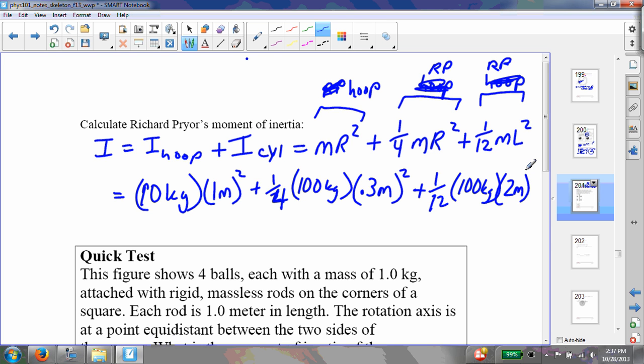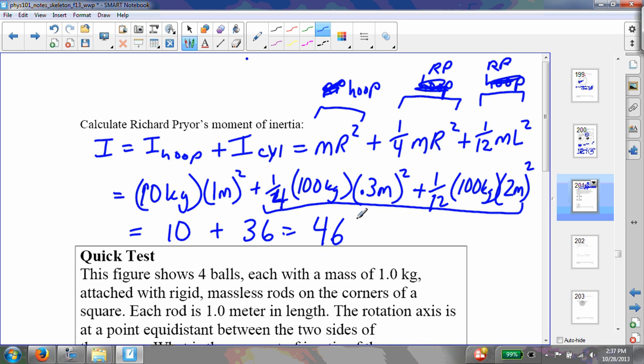That's his height, roughly. And if I plug all this in, I get 10 plus the moment of inertia of the cylinder is 36. That's the combination of these two terms. So that gives me a total moment of inertia of 46 kilogram meters squared. So the point of this is that when I have two objects that are rotating and they come together, then to find the total moment of inertia, I just add them up. And it's as simple as that.